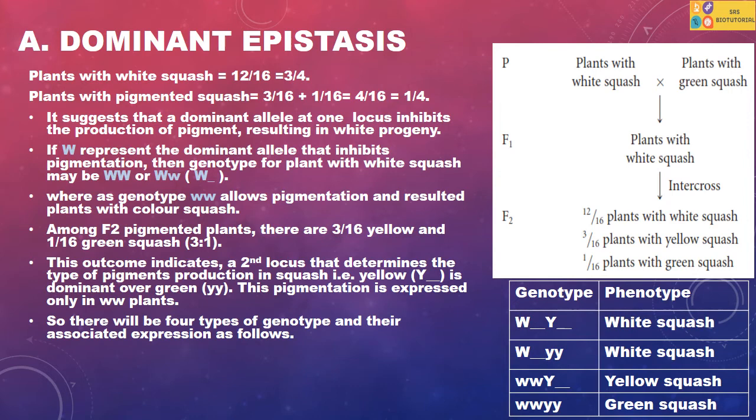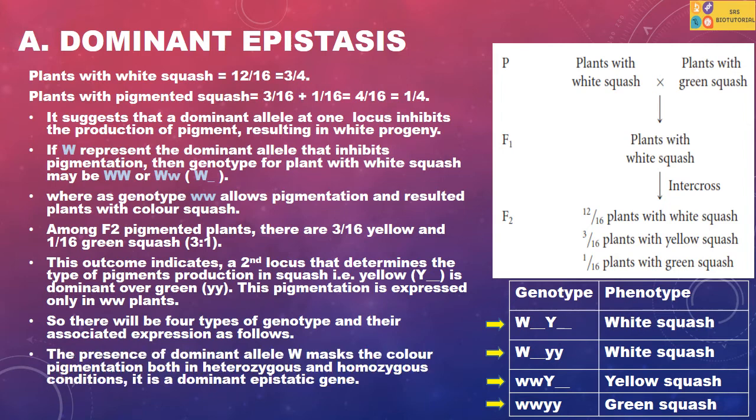If the genotype has a dominant allele W at the first locus, then irrespective of allele Y at the second locus, its phenotype will be white squash. If the genotype is homozygous recessive small w small w at the first locus, then the dominant allele Y expresses yellow squash and the recessive allele small y expresses green squash.